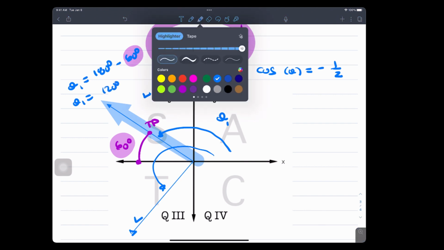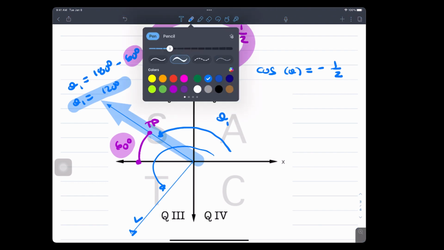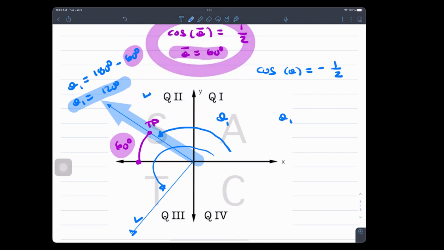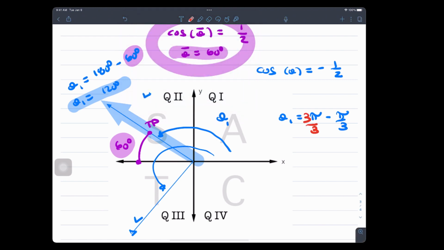So what if this was, ladies and gentlemen, radians? You have pi minus, what is this, pi over 3? Is that right? Radian measure. Do your arithmetic. Make this 3 pi over 3. We've seen that.